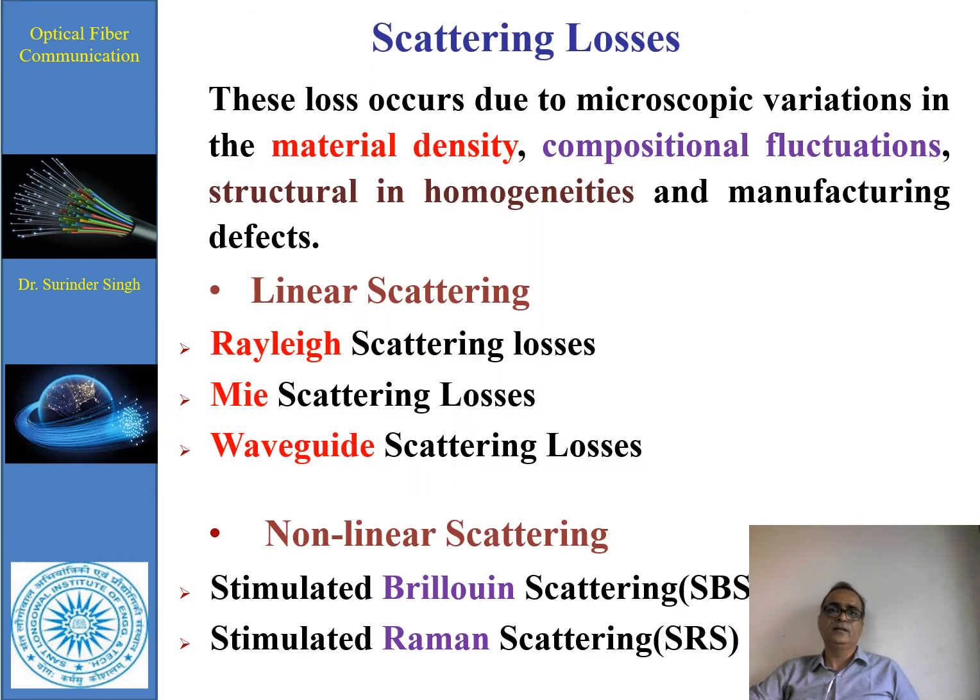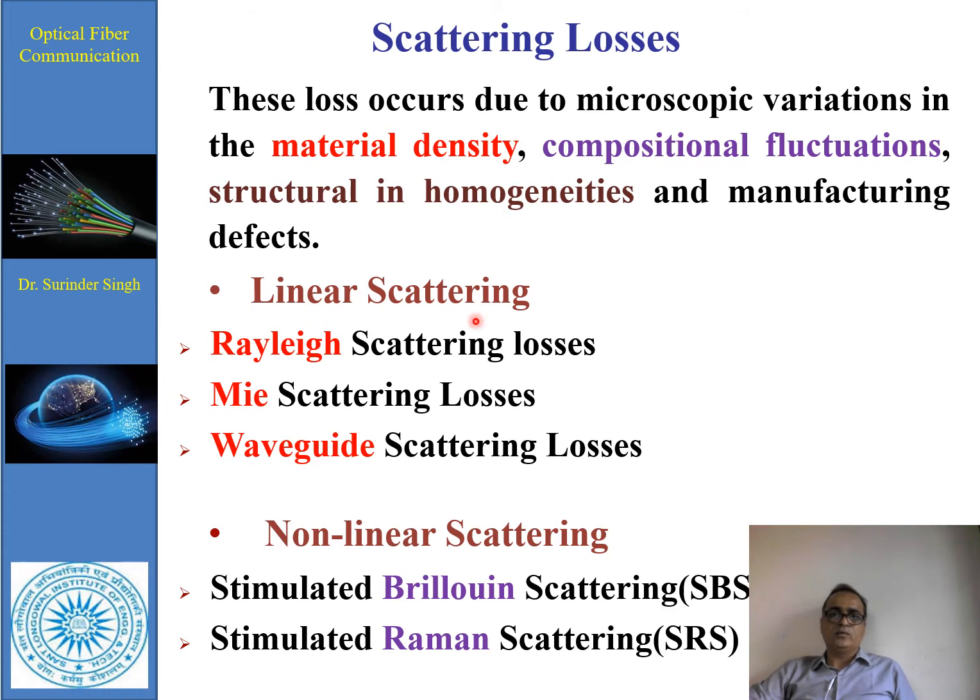There are basically two types of scattering loss: linear scattering and non-linear scattering. Scattering loss occurs due to microscopic variation in the material density, composition fluctuation, structural inhomogeneity, or sometimes a manufacturing defect in the fiber.